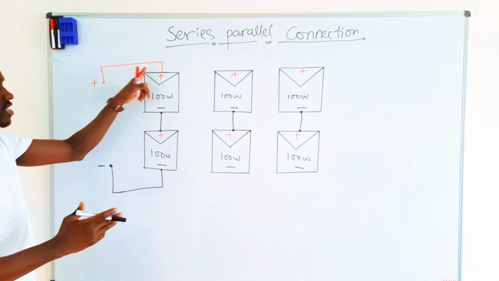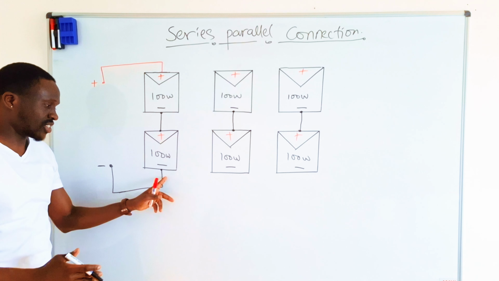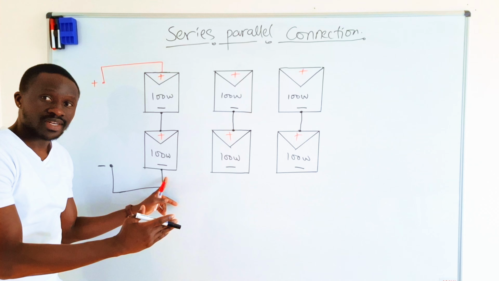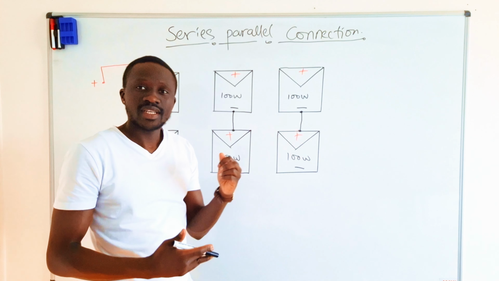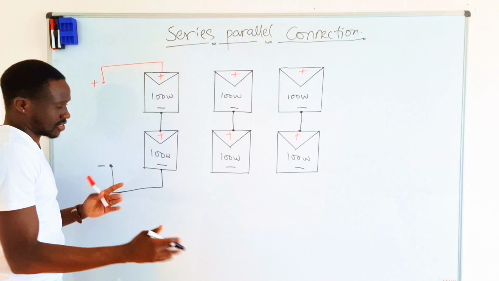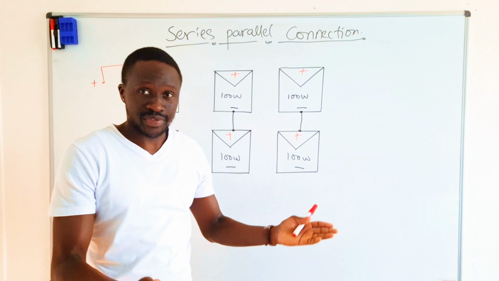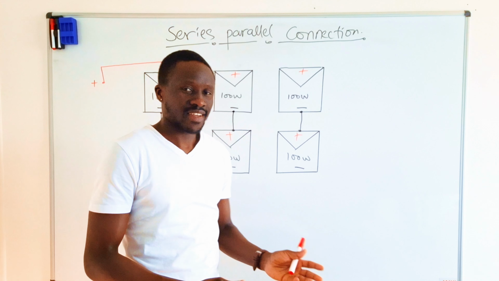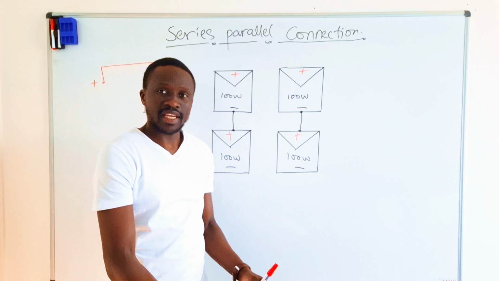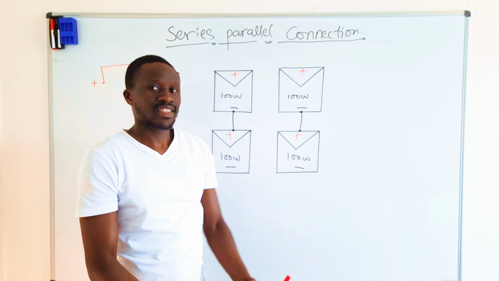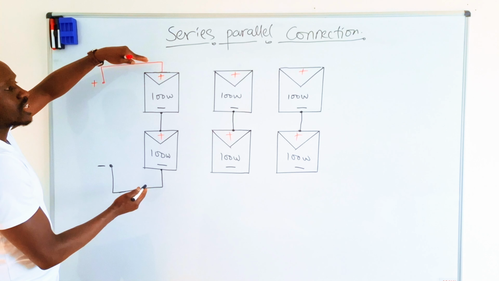Now let's take this to be the red cable, the live part, and this negative to be the neutral. You can't do this without knowing electrical. You must wire the house. When the inverter gives out AC, you must know the neutral and the live.